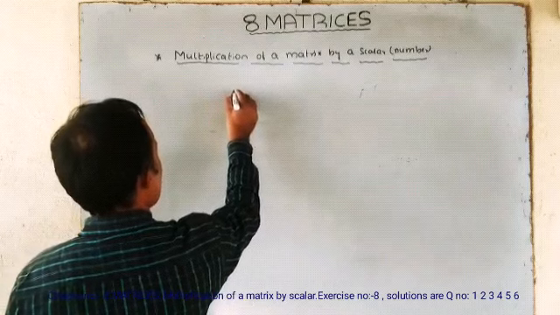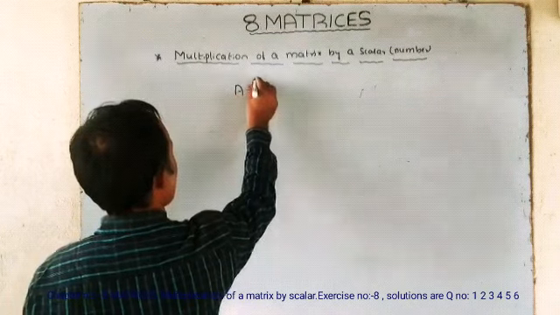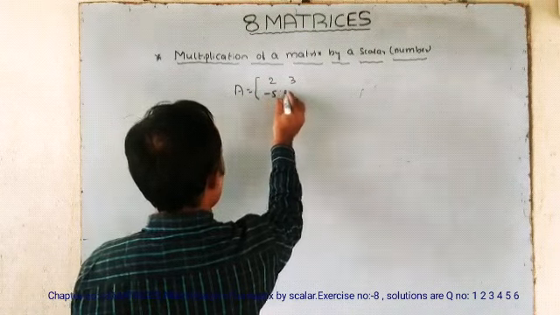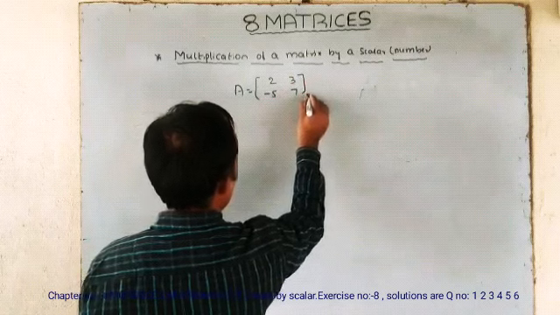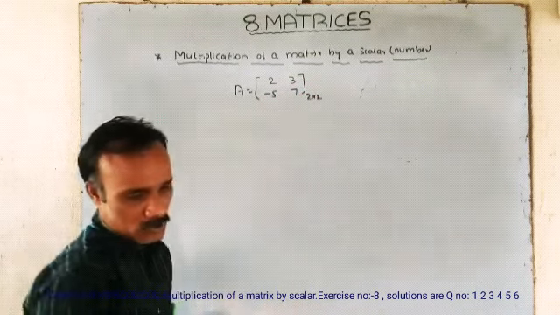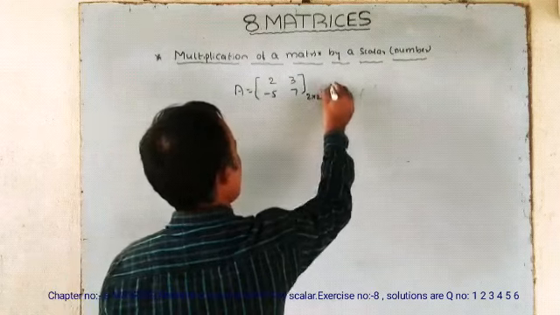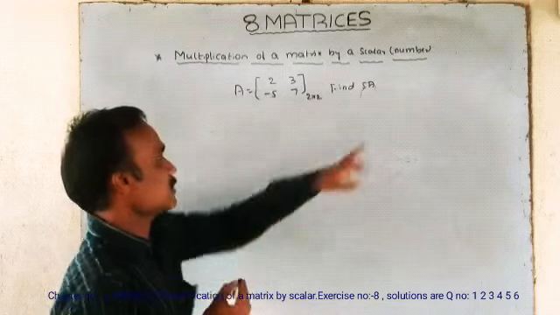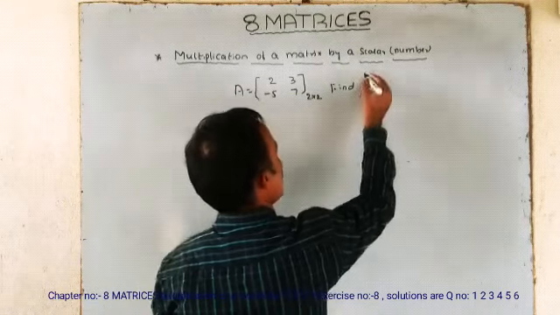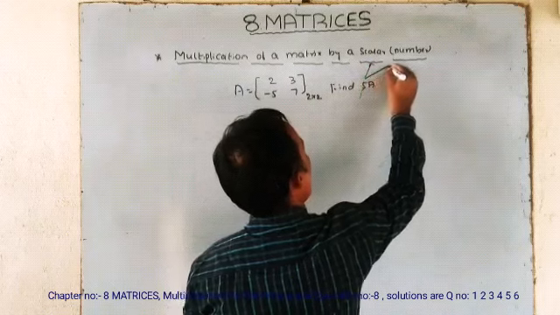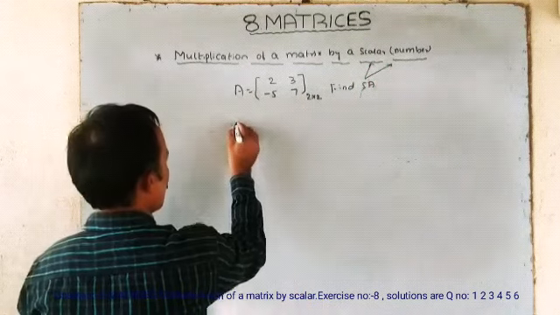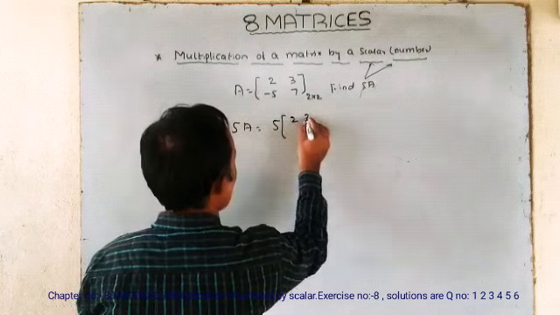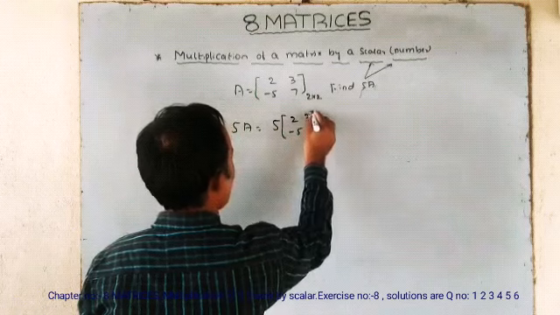So here consider an example. A is equal to 2, 3, minus 5, 7, whatever the order, don't think about order, 2 cross 2. Next, find 5A. Yes, A means matrix A, and 5 means a scalar or a number. That's very simple. So 5A is equal to 5 times the matrix 2, 3, minus 5, 7.